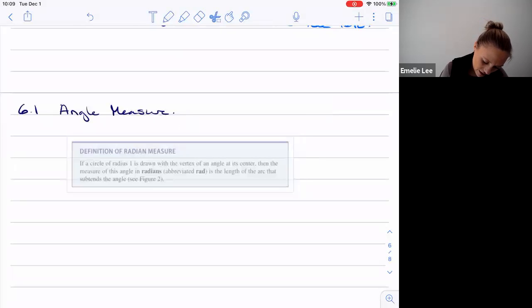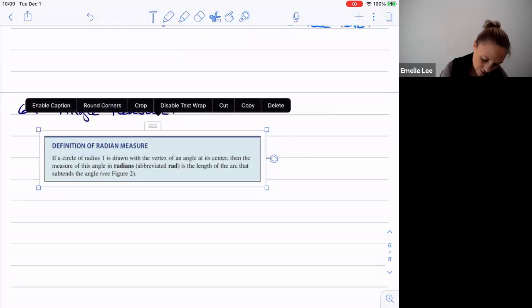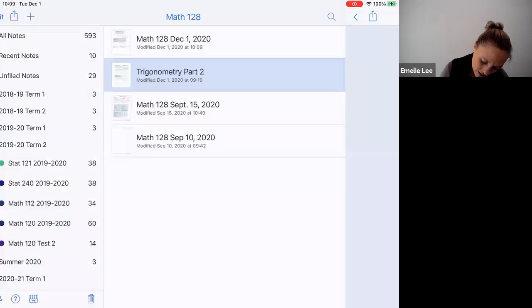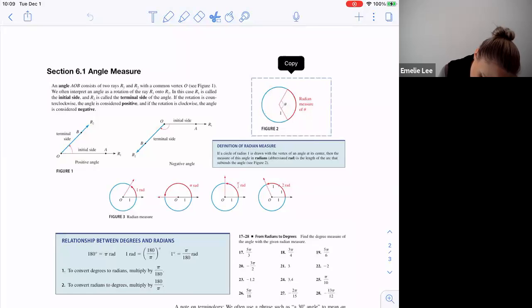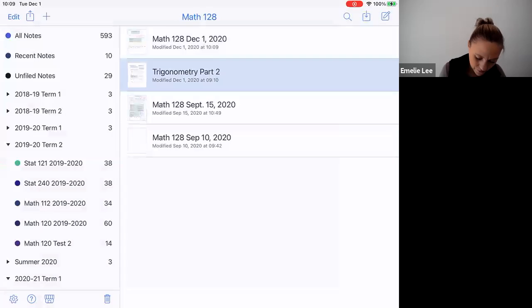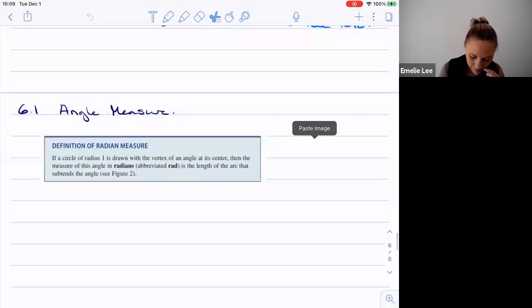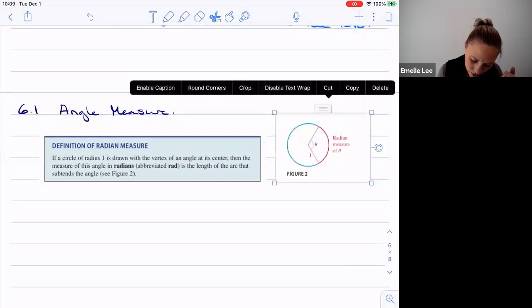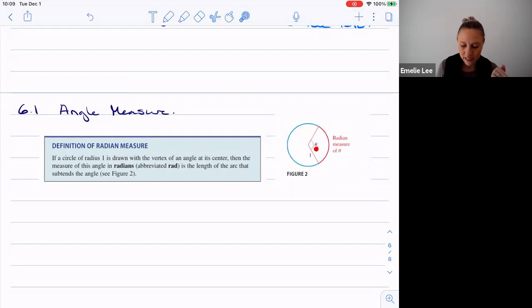So what we have is, let's talk about what a radian is. And this graph is going to help. I think I snuck it in once or twice, but we talked about angles, right?